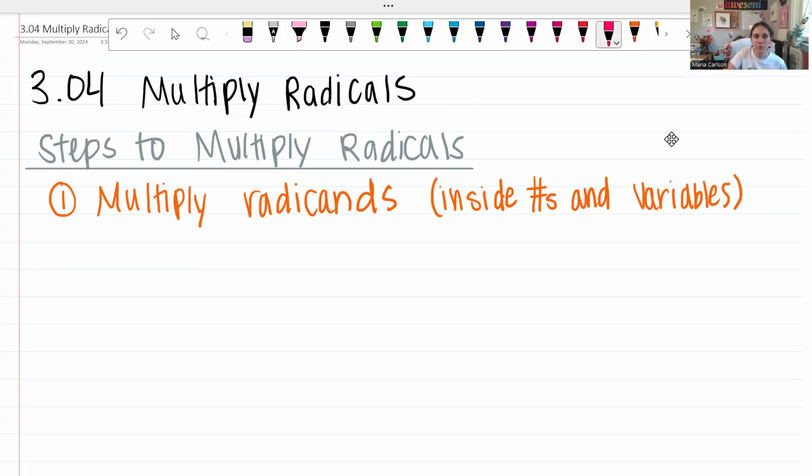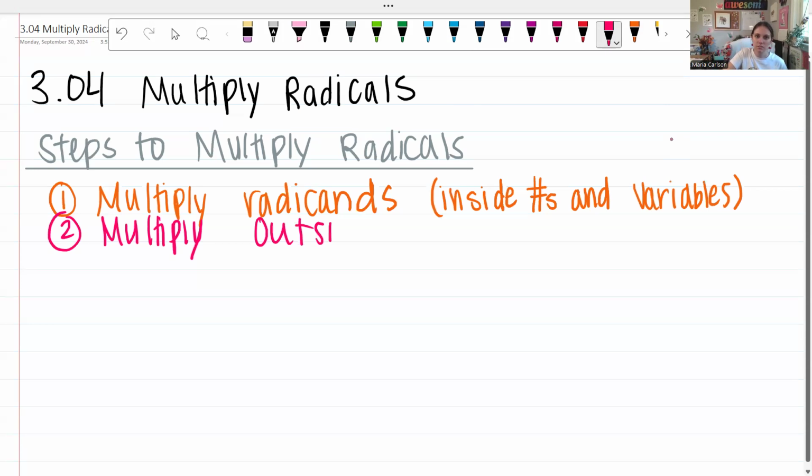And then we will multiply the outside numbers and variables.